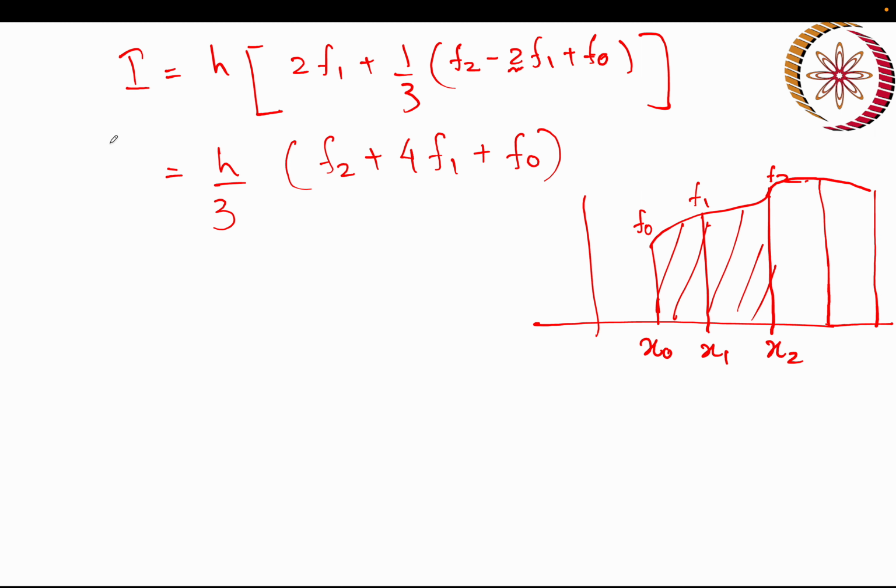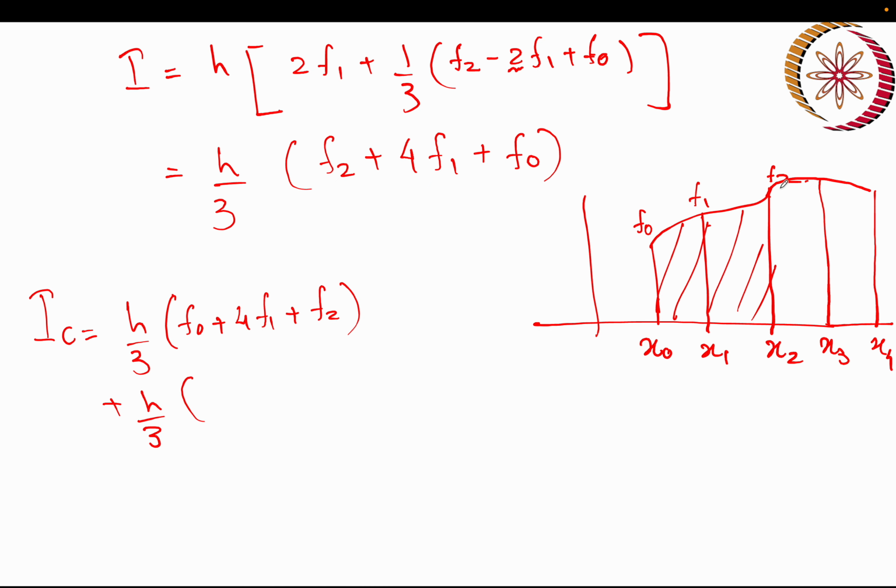In that case we can club these two areas, with x2, x3 and x4, let's say. So in this case it will be h by 3. I will just change the order. So f0 plus 4 f1 plus f2, plus the second area, which will be formed by this and this one.